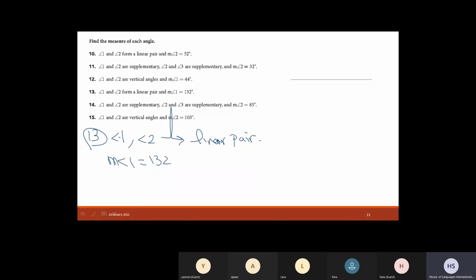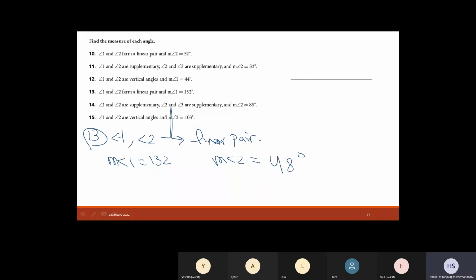What's the measure of angle 2? Oh, no, 48. So it is 48. Why?